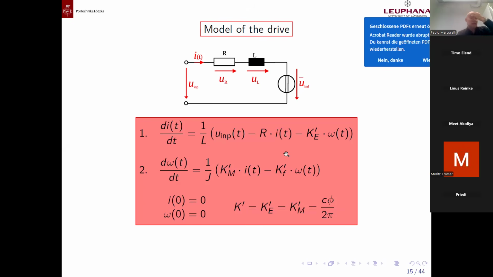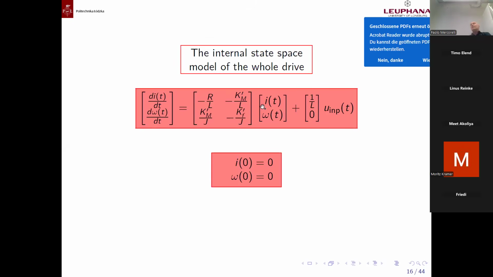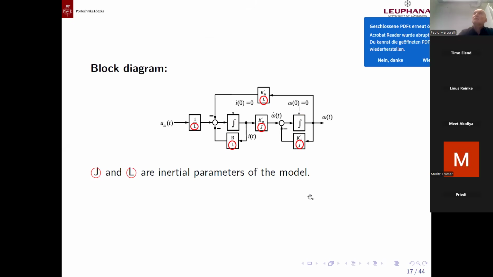But of course, using the Kirchhoff and Newton law. And from here to here, it's just a translation in matrix vector representation in this sense. Again, on the left part, we have the changes of the state variables, which is a function of the state variable itself and the input. Initial conditions remain.